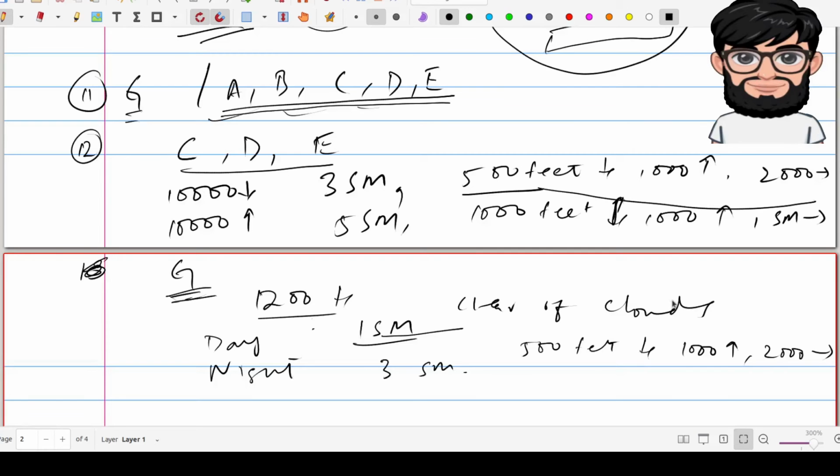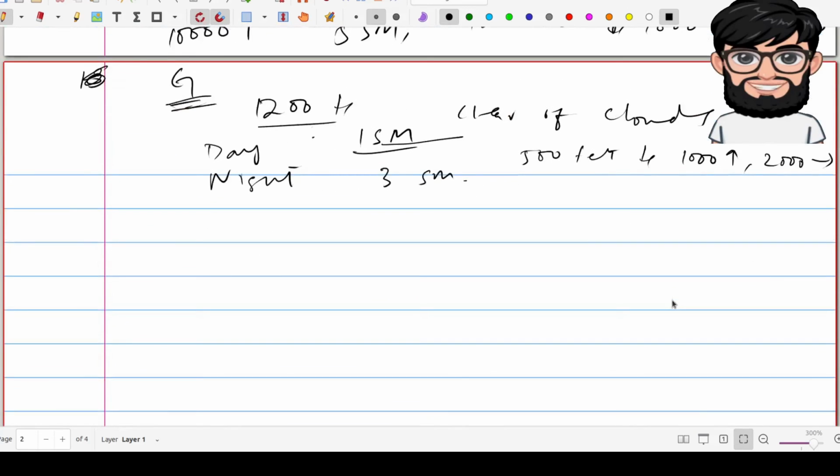But let's say we are in an uncontrolled airspace, but we are above 1200 feet, but less than 10,000 feet. So there's another category: 1200 feet to 10,000 feet.